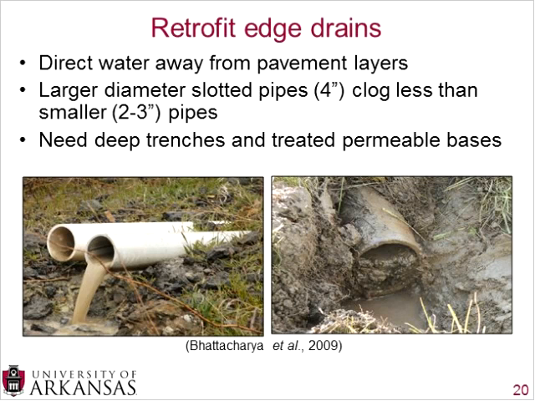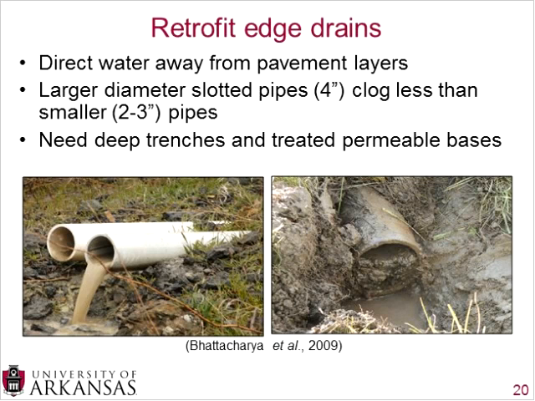So when you're retrofitting edge drains, it's important to remember that larger diameter pipes clog less than smaller pipes. So if you have an existing road that may need a retrofitted edge drain and it has these small pipes, especially if it's had problems in the past with clogging, it might be beneficial to increase the diameter of the pipe and you'll get less clogging. You'll also need deep trenches and treated permeable bases.